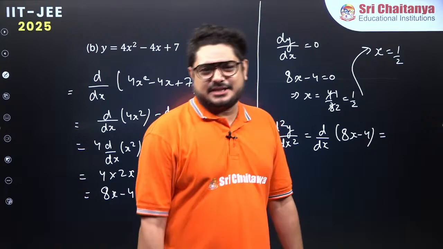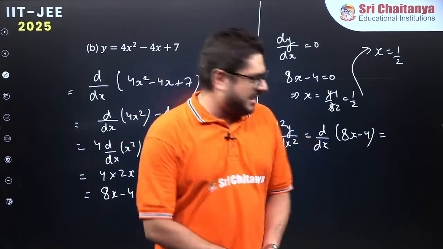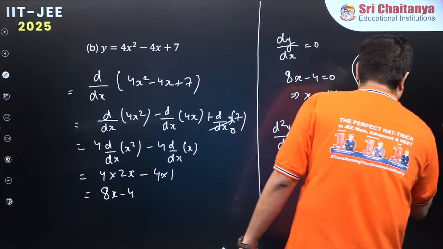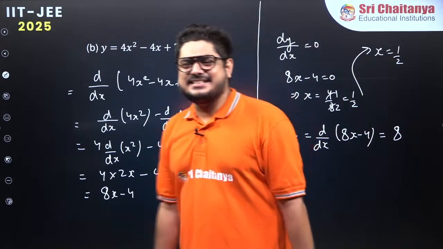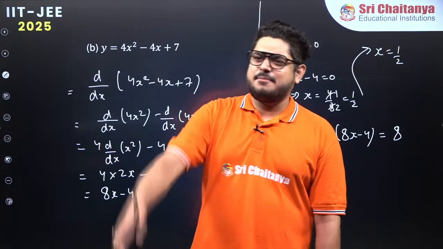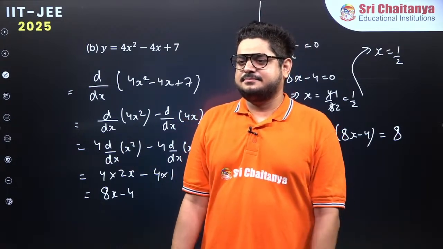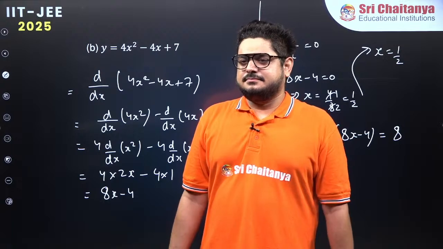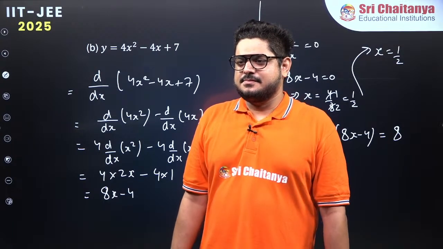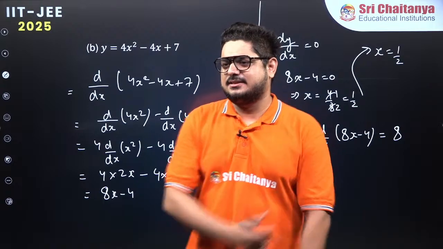Give me the answer to d by dx of 8x minus 4. It's 8, absolutely right. So what do you think, is this 8 greater than 0 or less than 0? Write down in the chat box whether it's less than 0 or greater than 0, everyone. It is greater than 0, isn't it?